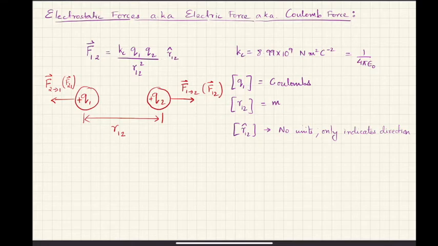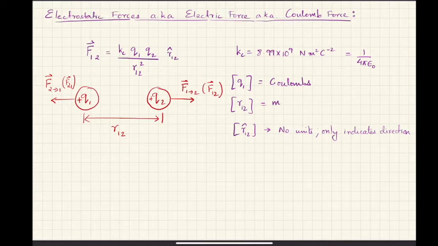Q1 and Q2 both have units of coulombs. Similarly, now let's look at what's down here in the bottom, R12 squared. Again, this is to be read out as R12, and we're squaring it. R12 is, as I already mentioned, the distance between the two charges.